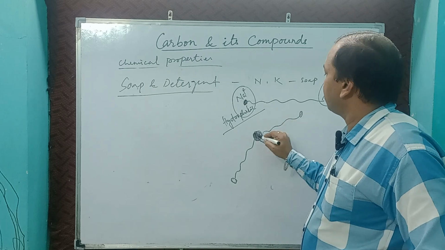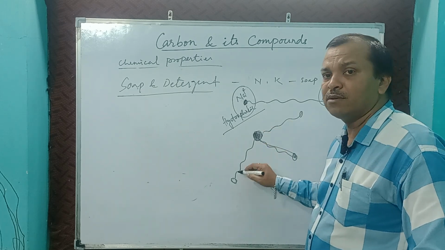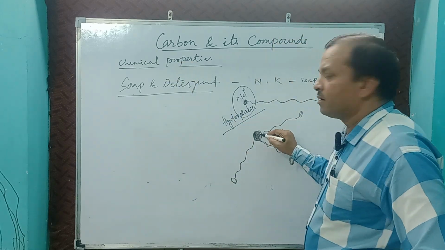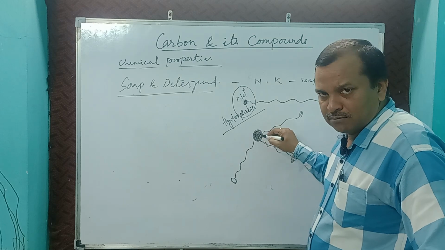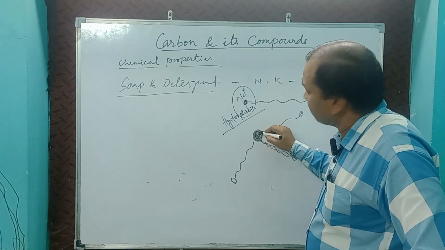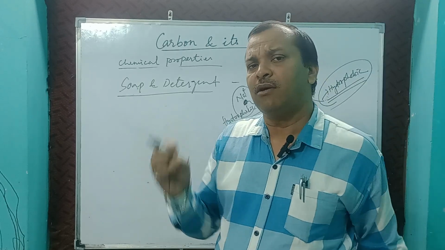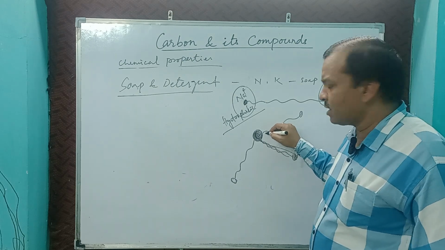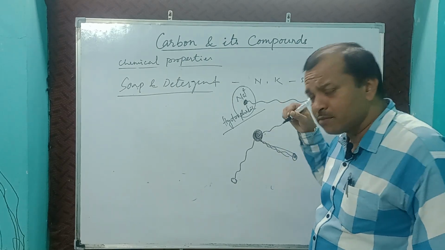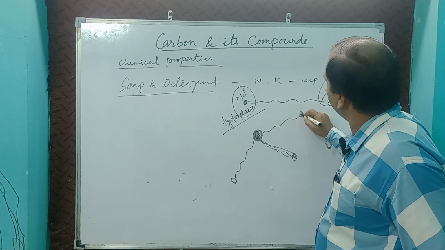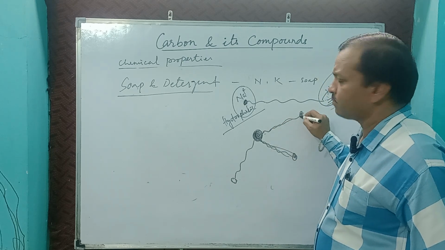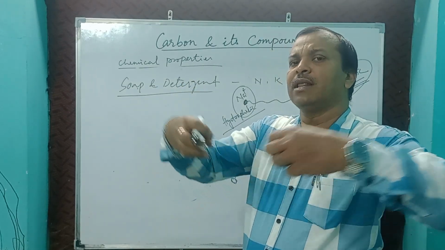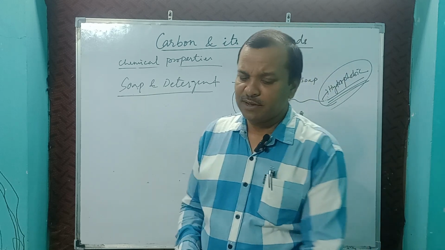The hydrophobic part will not dissolve in water, this part will dissolve in water, so it will try to go up. Already we know that dirty things are oily, and oil can dissolve in the hydrophobic end. So the hydrophobic end will dissolve in the dirt, and this part will float. Then automatically that dirtiness will vanish from our cloth.